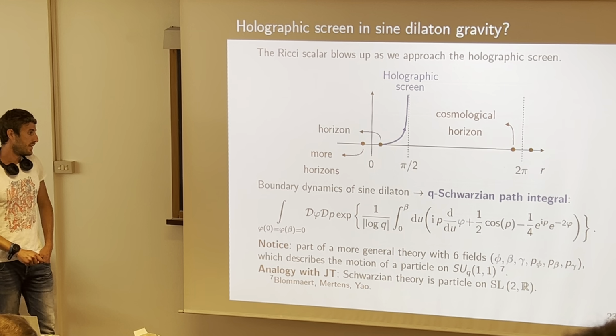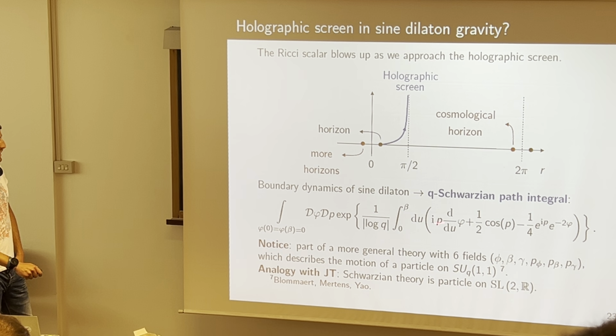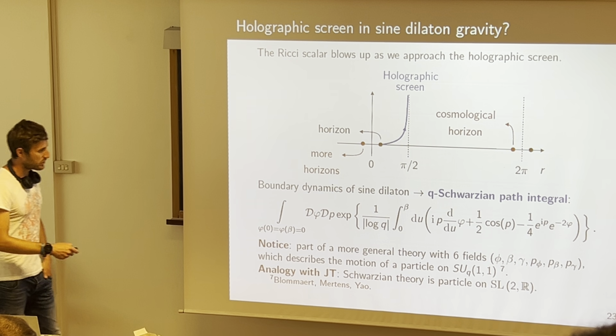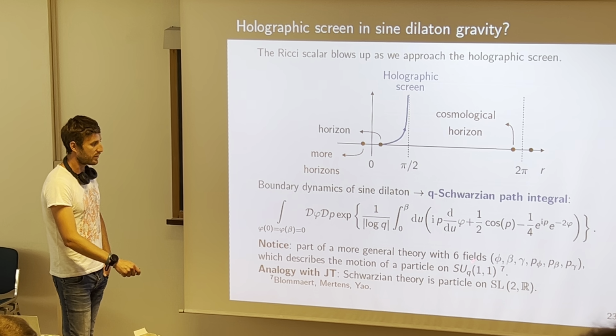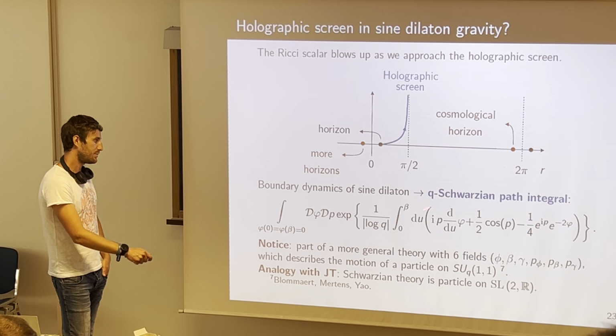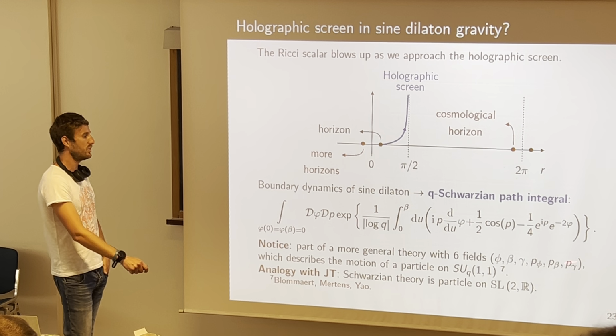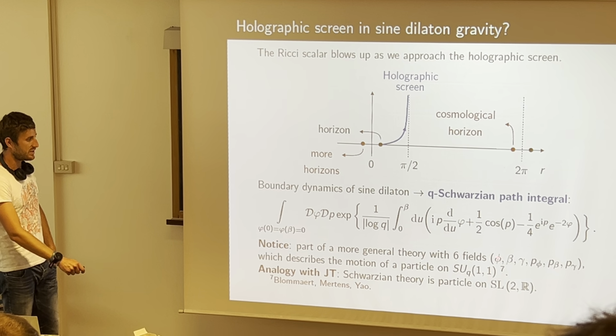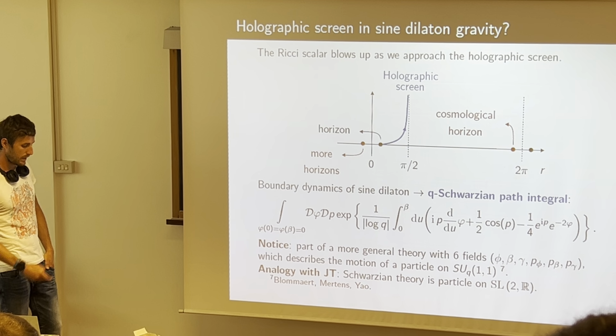But then this path integral emerges as this description of a particle on a quantum deformation of the group, where one has to impose some auxiliary boundary conditions to get rid of some of these fields. So this path integral is part of a more general theory with 6 fields, which is indeed this particle on SU_q(1,1).